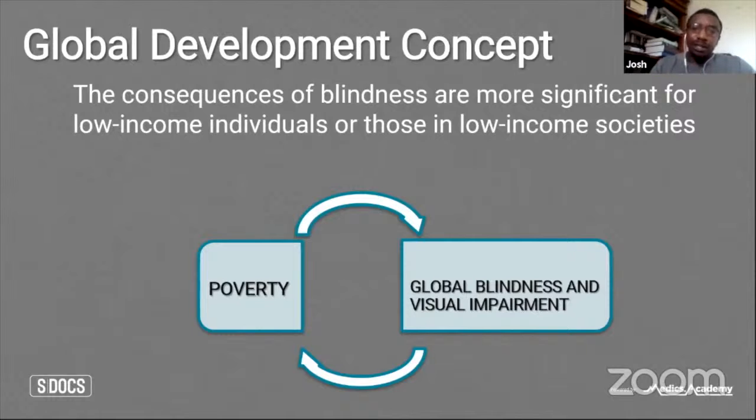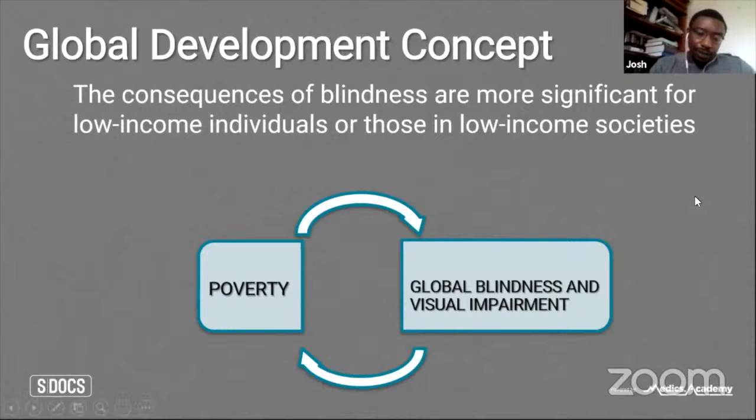And then poverty is linked to global blindness and visual impairment, as we looked at some of the why there's such a disparity between low-income countries and their higher rates of global blindness and visual impairment. So it's like a never-ending cycle of these massive macroscopic aspects of how global blindness and visual impairment is affecting global socioeconomic development of communities, of nations, of populations.